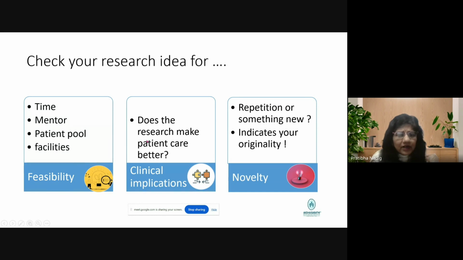We have to look at whether this research makes patient care better. Does this information lead to improvement of patient care? As I said, does it generate some evidence that we can intervene on? Supposing we say quality of life in diabetics is very much affected, then we will say yes, because out of 100 patients who attend, 90% are affected.